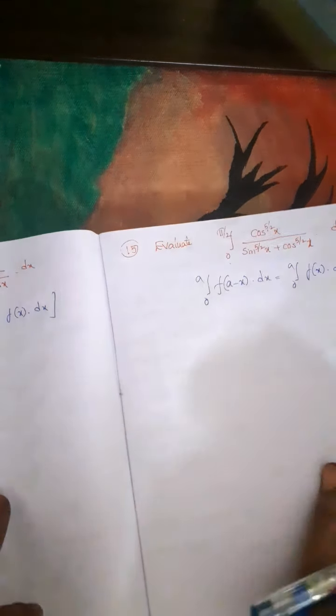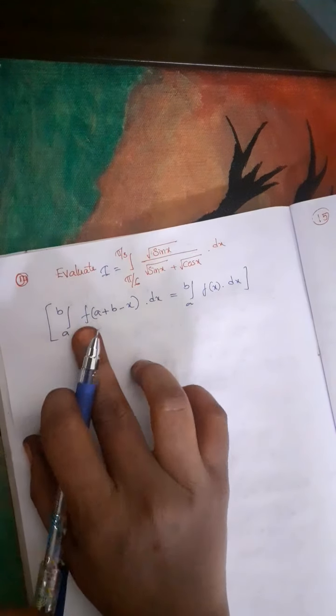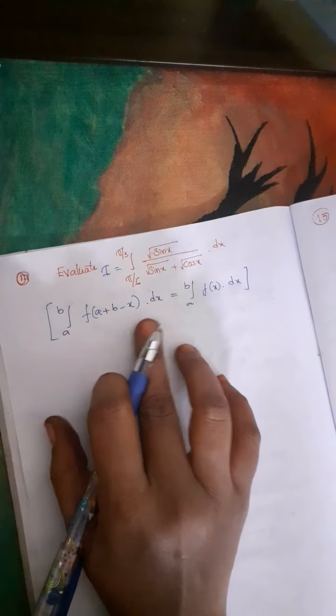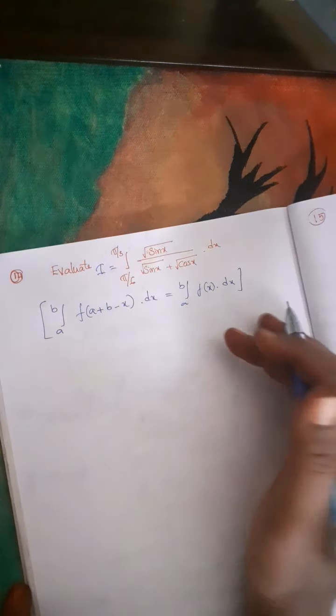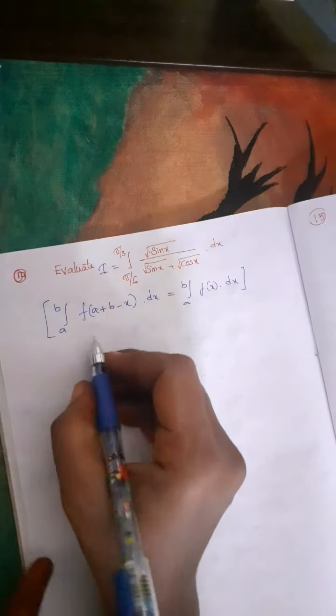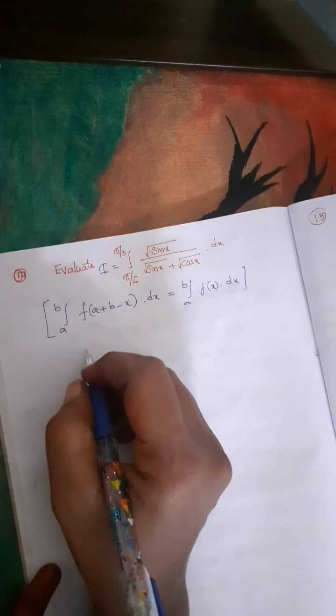The original formula is integral over a to b of f of a plus b minus x dx is equal to integral over a to b of f of x dx. You learned this formula here only, right? Now let us consider this as I and solve it.